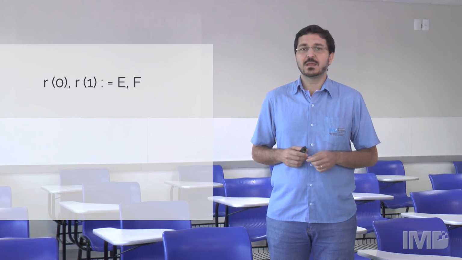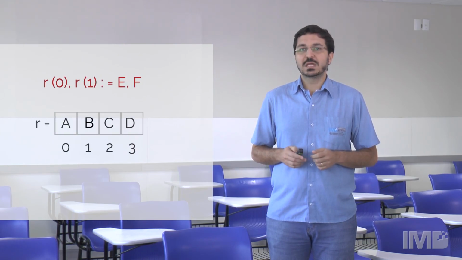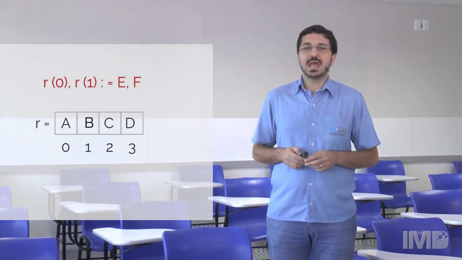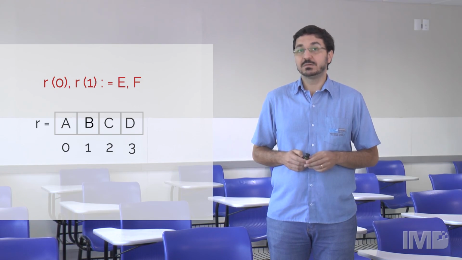Multiple assignments, however, are not allowed. We must use relational overriding to make these assignments. For example, if we want to change the first element and the second element of the array R, we cannot assign R0 and R1 the values E and F. This is simply not allowed.